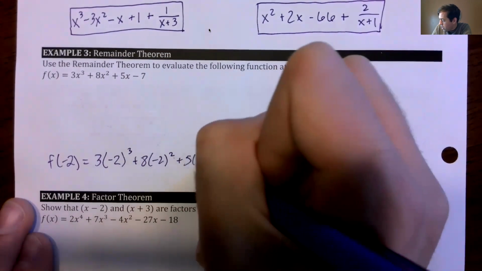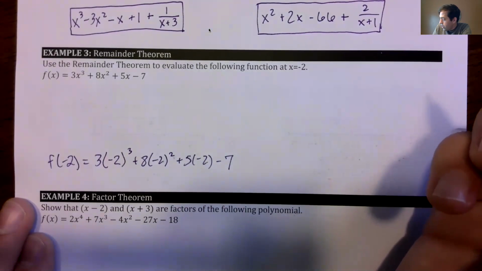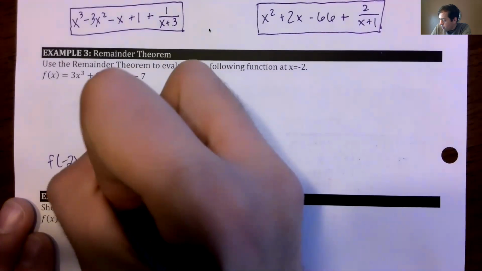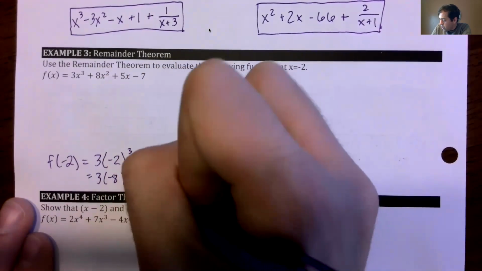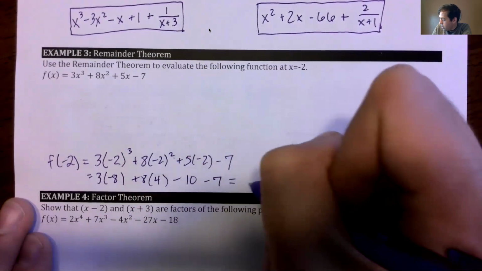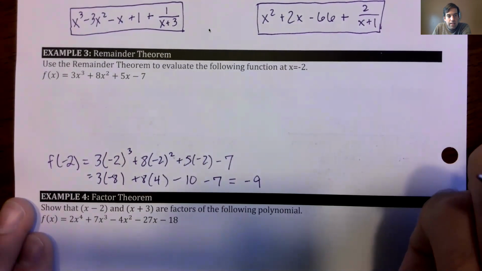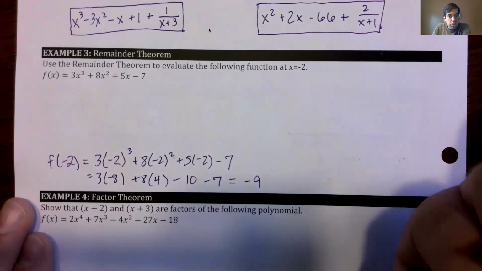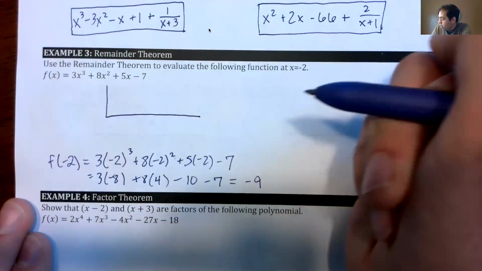But if we plug in negative 2, we will end up with 3 times negative 8 plus 8 times 4 minus 10 minus 7. It ends up being negative 9. So negative 9 is the value of the function at x equals negative 2. But we could also do this using the remainder of the synthetic division.